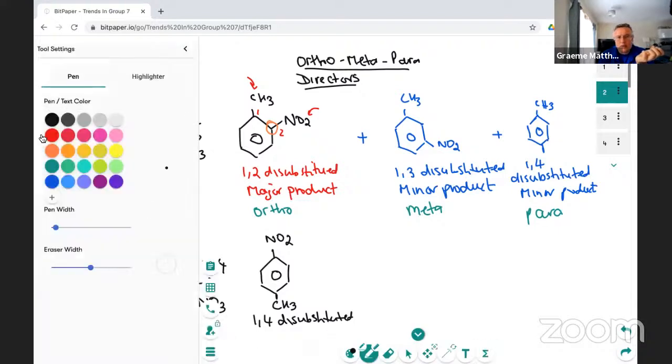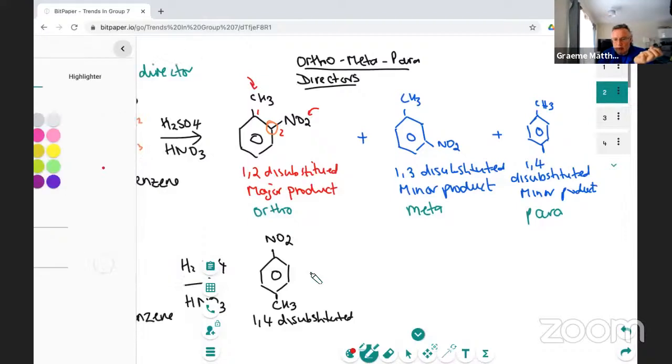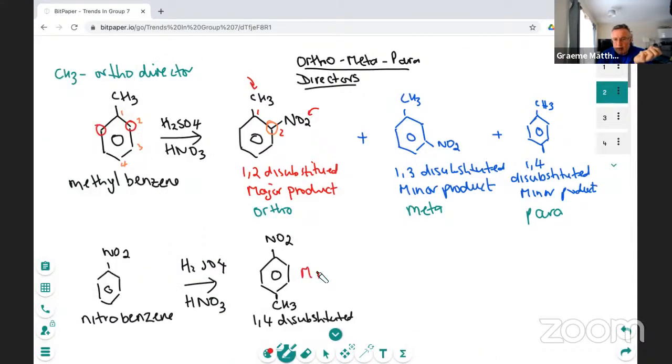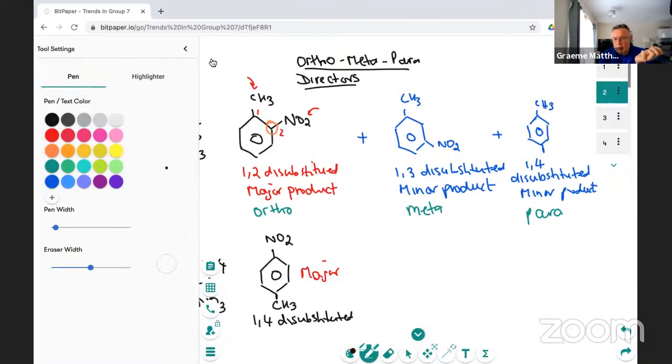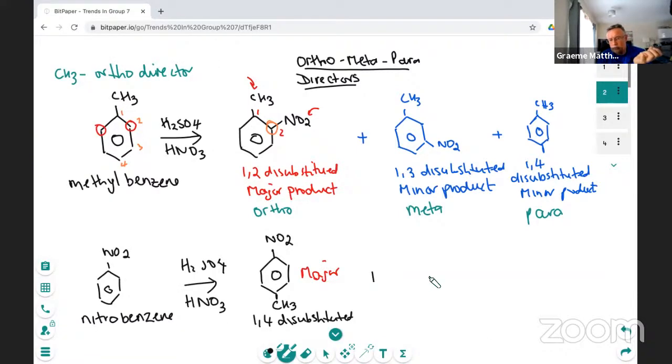All right. Now, what they will do is sometimes say, well, what's the other isomer? And you just write down that you could have it in the 1,3 position, or you could have it in the 1,2 position.